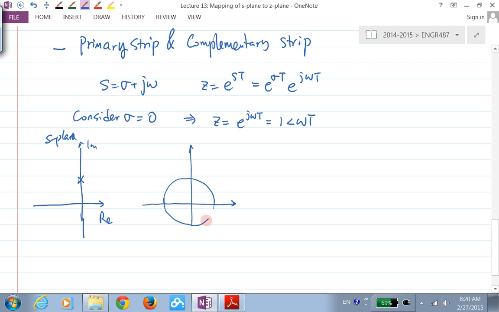Basically to somewhere on the unit circle, depending on the value of omega t. So omega t is the theta, so maybe it's going to be mapped over here with an angle of omega t. That's the z plane.